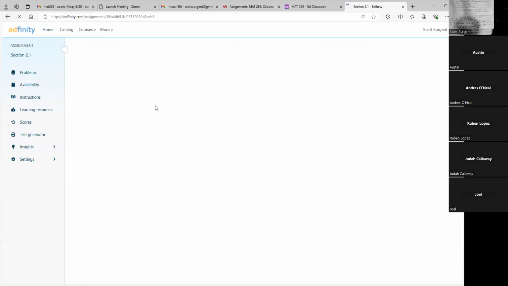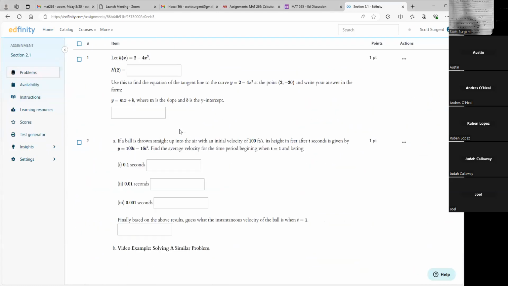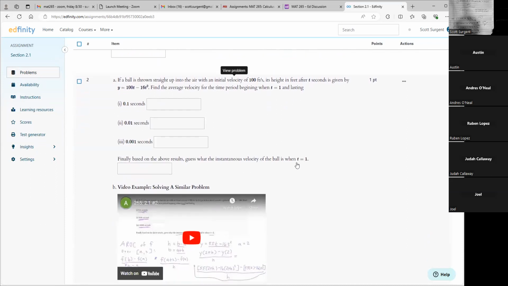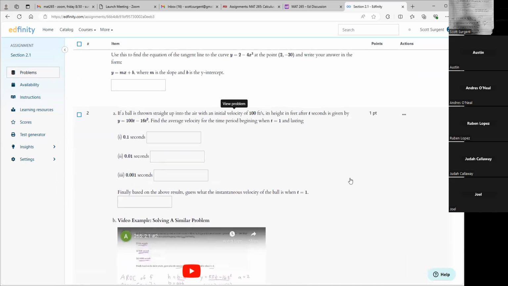Let's look at number 2. So 2.1, number 2, we have a ball is thrown straight up into the air with initial velocity of 100 feet per second.